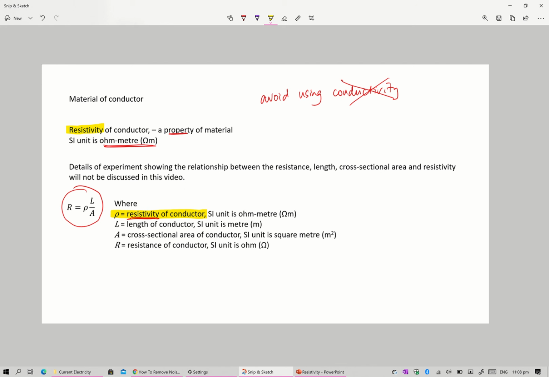Another way to look at it is your resistance is directly proportional to L, provided resistivity and cross-sectional area are constant.